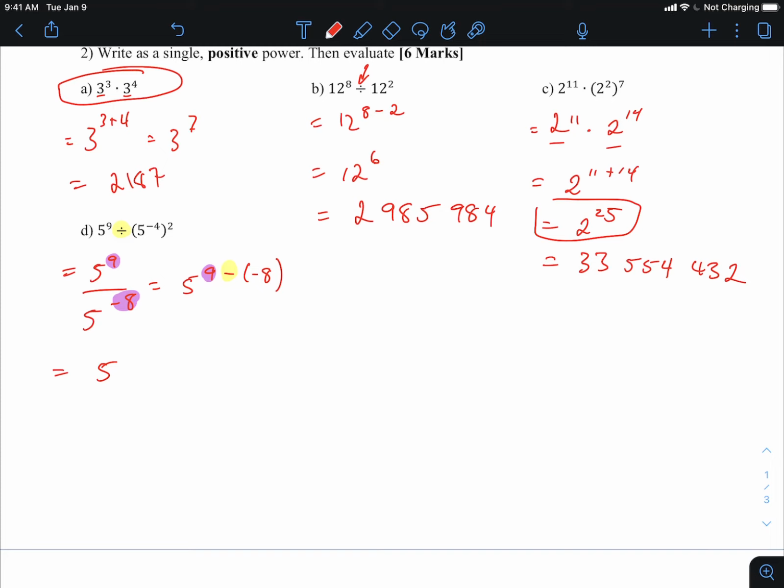What is that? 9, 2 negatives, Jacob, make a positive. This is why I was saying be careful. So we go 9 plus 8. 5 to the 17.